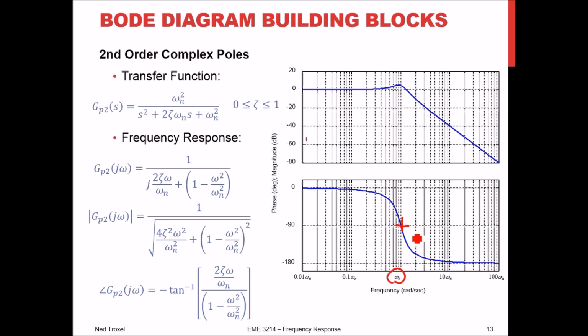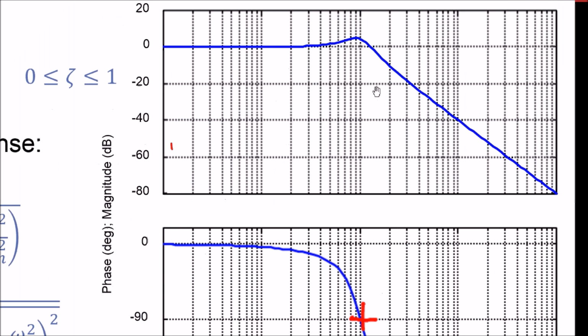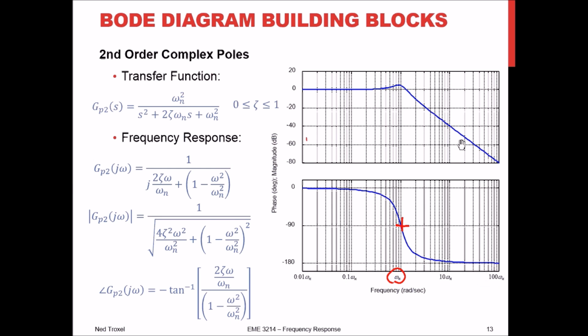Now, you'll see that having this go to 0 can actually give you a peak in the Bode plot. So we may actually go up before going down, and it's going to happen just before the omega n.